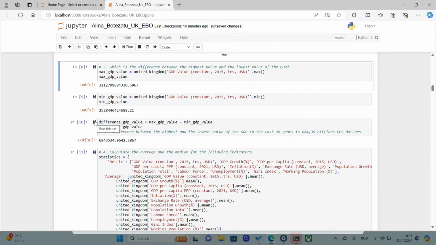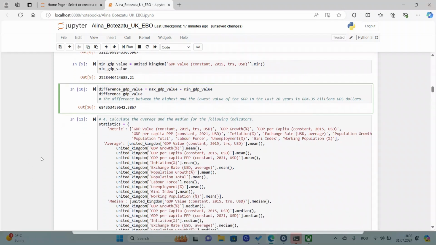Then I calculate the difference between the highest and the lowest. The difference between the highest and the lowest value of the GDP in the last 20 years is 684.35 billion dollars. This was for the GDP. You can see here the full number.